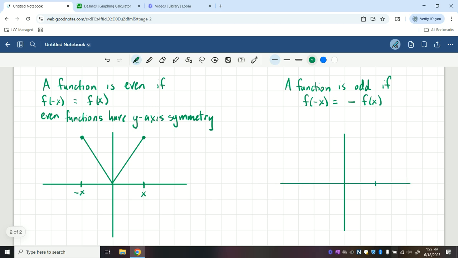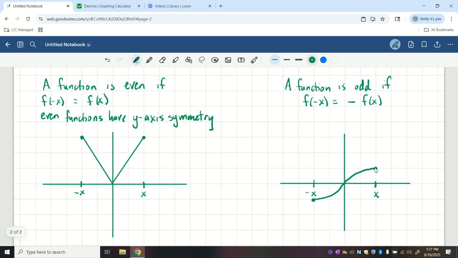Say this is x here, and this is the opposite of x. And say that you have f of x equals 1. That means f of the opposite of x is going to be negative 1. So an odd function, this could be the example of an odd function right there.